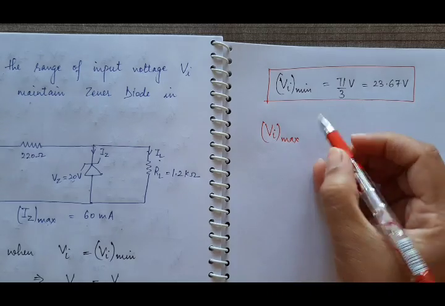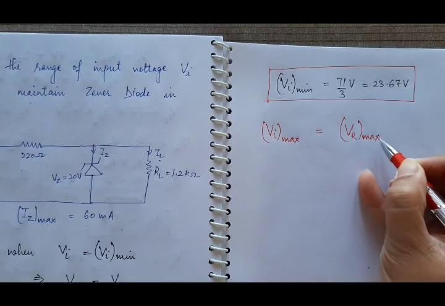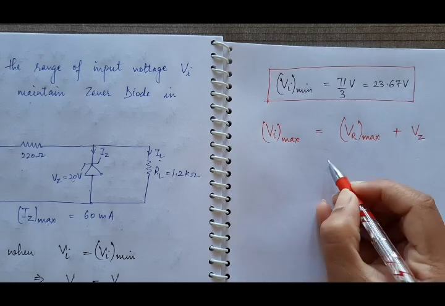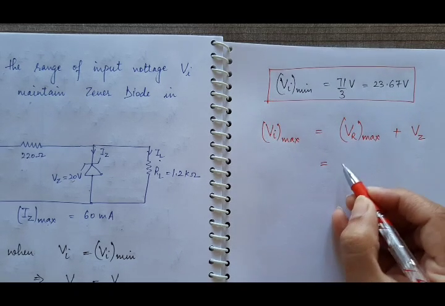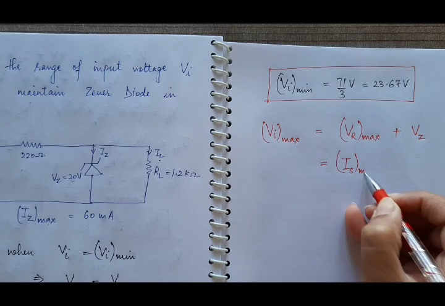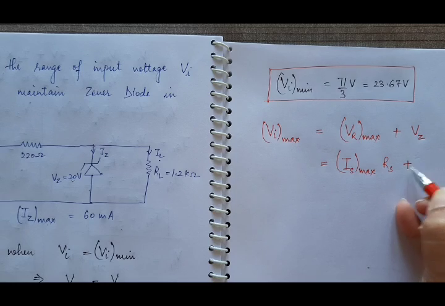So this Vi maximum will be equal to Vr maximum, that is the voltage drop across the series resistor 220 ohm, plus Vz. So this will be equal to Is maximum into series resistance Rs plus 20.